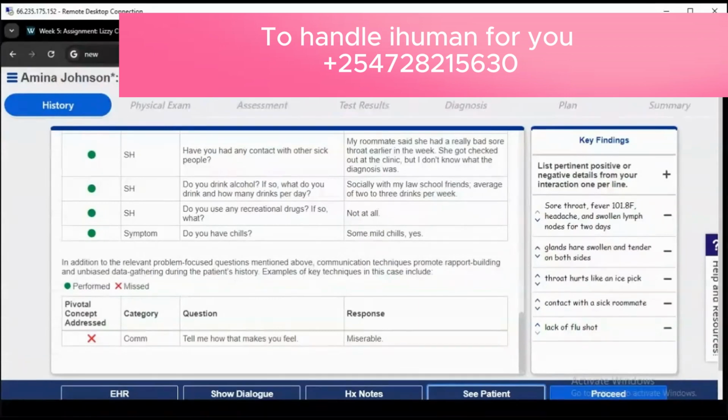In this case, I missed a few questions, which simply means these were questions I should have asked to assess the patient's health. Yes, in this case, I was supposed to ask this patient how the symptoms, or the reason for encounter, make her feel generally.